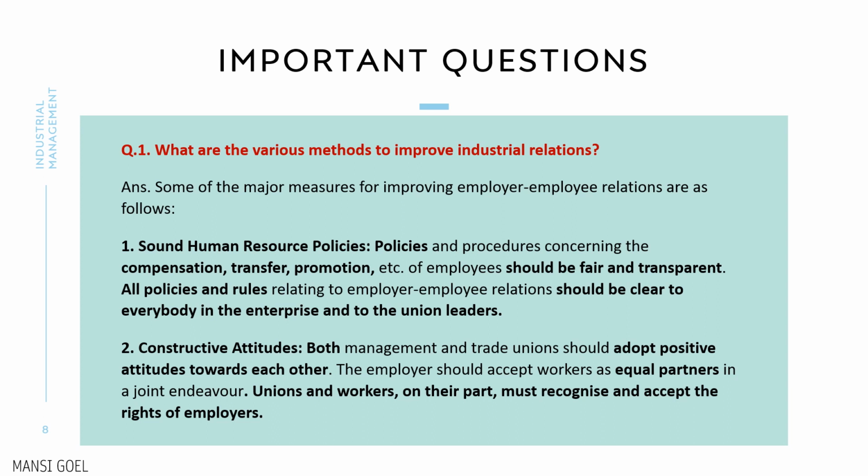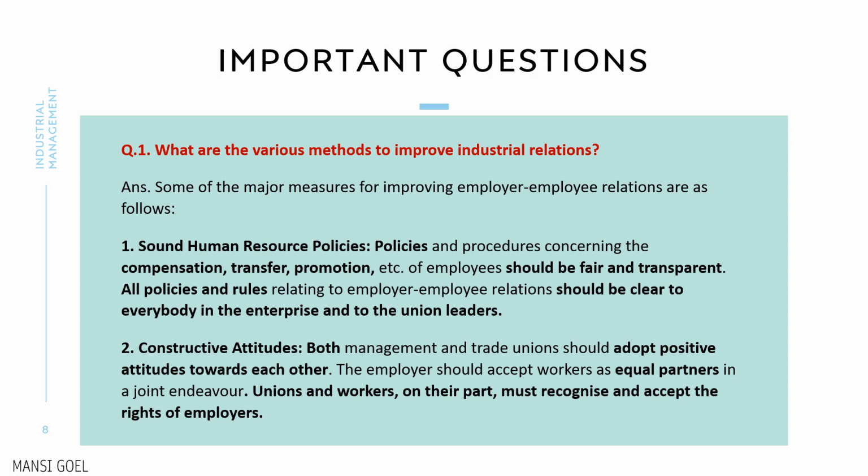Question number 1. What are the various methods to improve industrial relations? Answer. Some of the major measures for improving employer-employee relations are as follows. 1. Sound human resource policies. Policies and procedures concerning the compensation, transfer, promotion, etc. of employees should be fair and transparent.